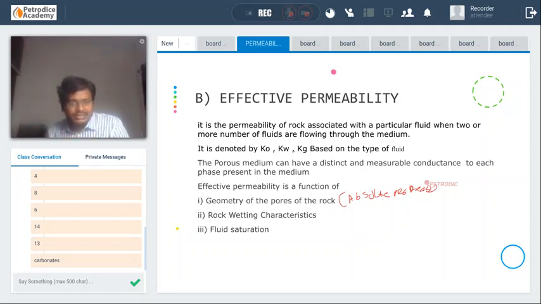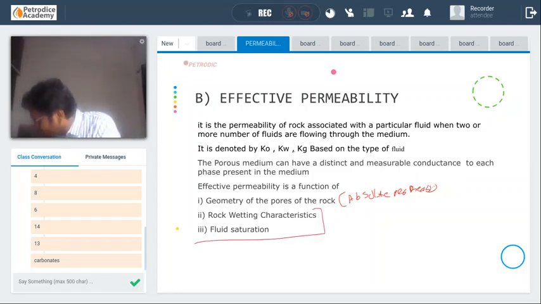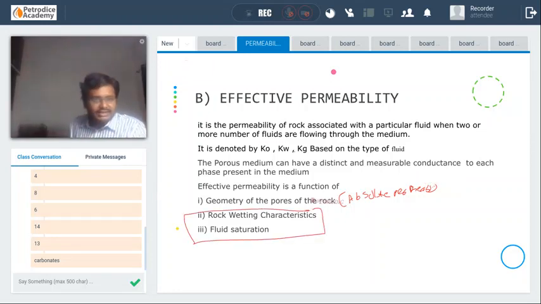And as the saturation increases or decreases, the wettability nature of the rock will also change the flowing mechanism, so that also will affect the effective permeability. Guys, we will study the effect of rock wetting characteristics and fluid saturation after completion of the saturation chapter. For now, just try to understand it as much as possible.